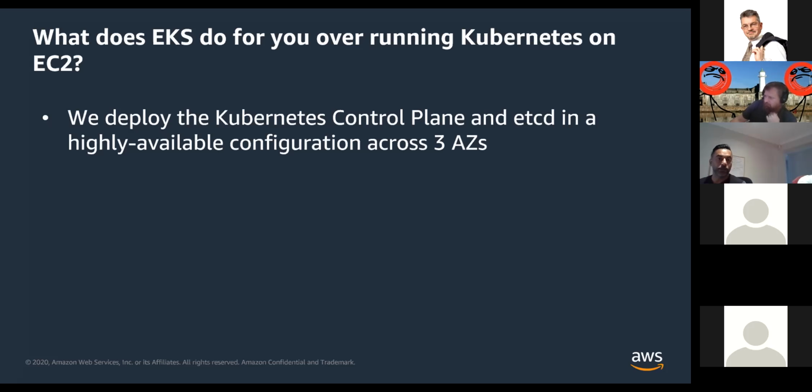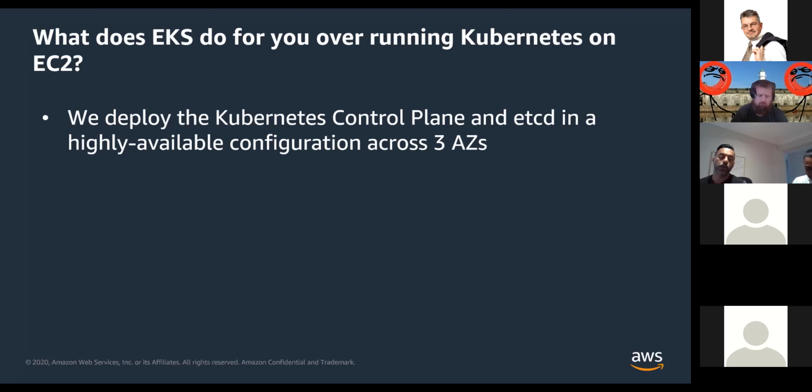What you can otherwise do is go on to EKS, which is the managed service that I talked about. And the benefit you get is, we deploy the Kubernetes control plane for you, including the cluster configuration database, that is etcd, in a highly available configuration across 3 AZs. So I did talk about what highly available means when it comes to EKS and what the AZ is.